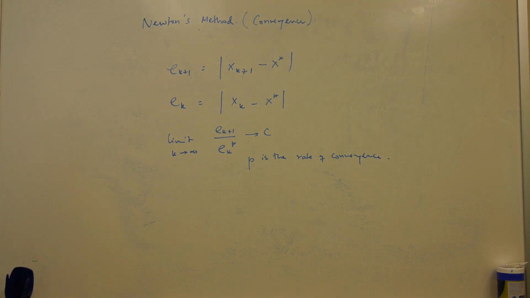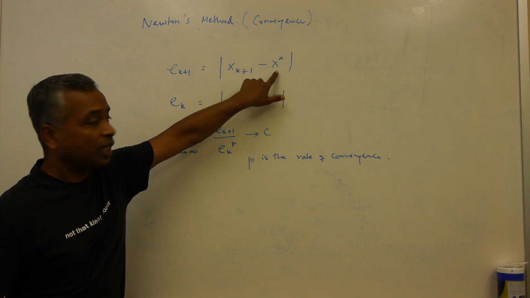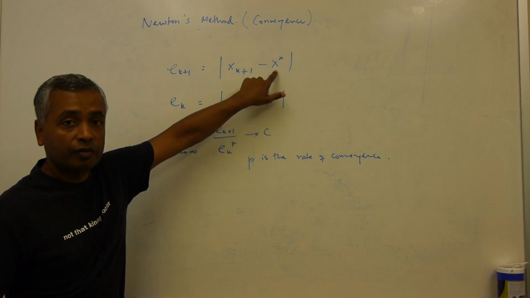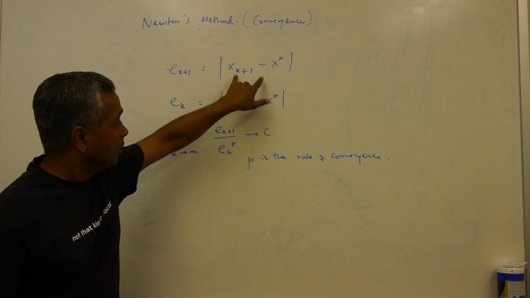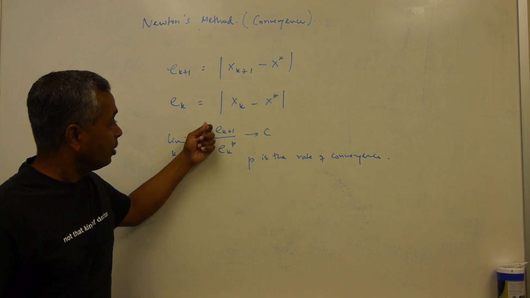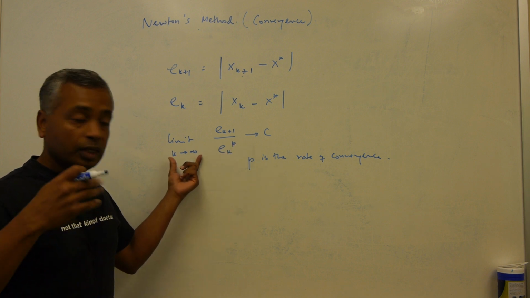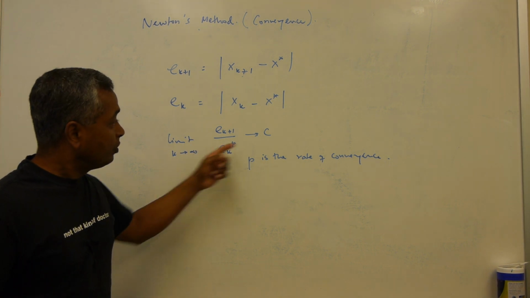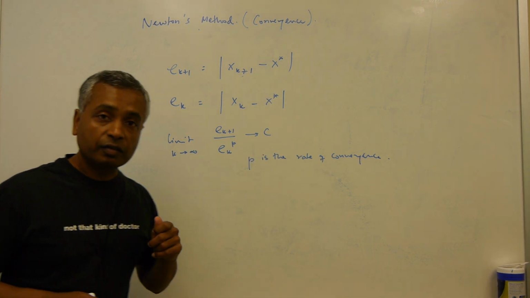Okay, so once again, the error in the k plus first iteration is your current value minus the real root. In the kth iteration, this is how far you were from the root. Now you look at e_{k+1} divided by ek to the power of p as k becomes very large. So after a large number of iterations, if this tends to a constant, then you say that p is the rate of convergence.